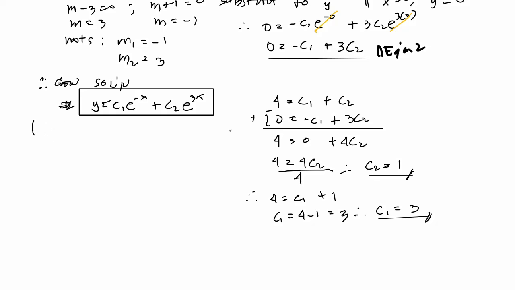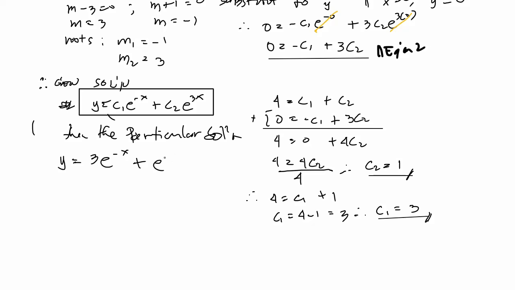So the particular solution would be y is equal to, our C1 is 3, so we have 3e to the negative x plus our C2 is just 1, so we have 1e to the 3x, or simply e raised to 3x. So this is now our final answer for the particular solution of the given differential equation.